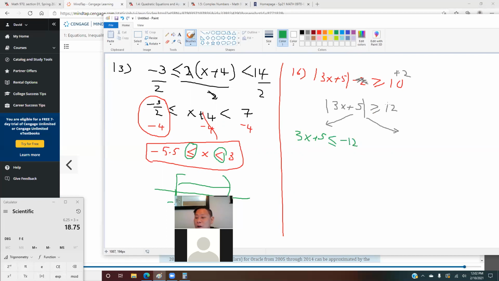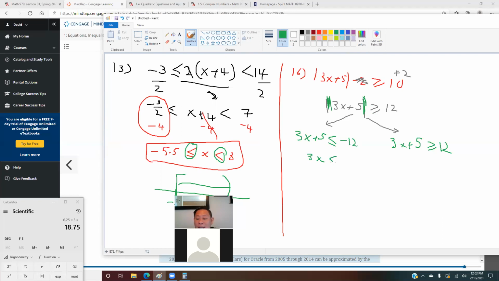So you switch on this, and the other one is exactly the same: 3x plus 5 is greater than or equal to 12. Yep, you have to have two answers. If it's a greater sign, this is how you do it. And then you solve, so you move the 5 over.